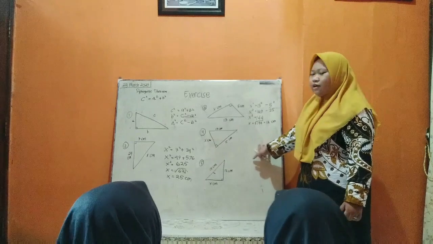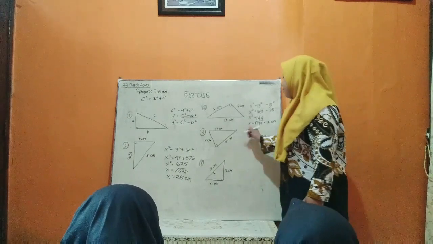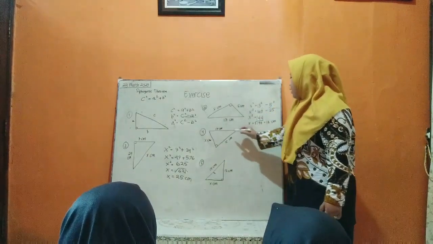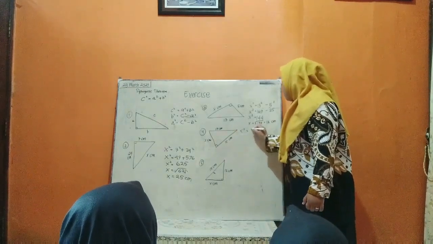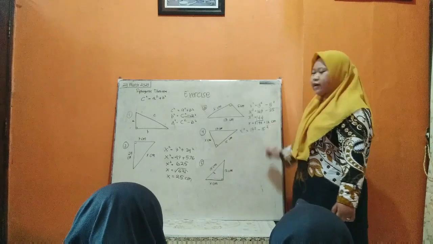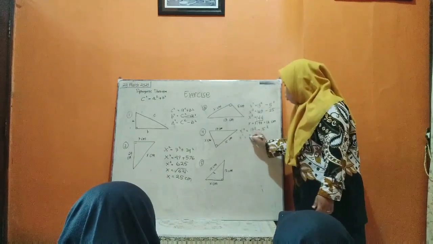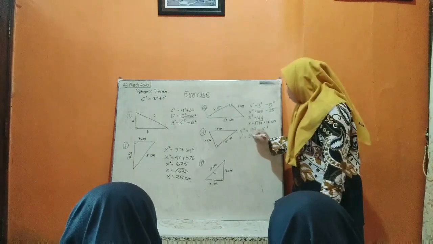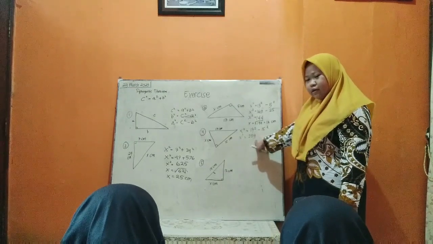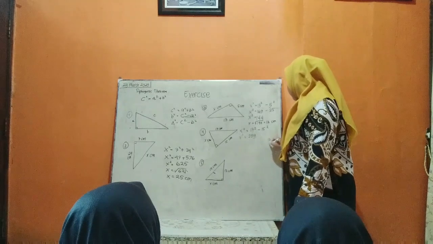The next, question number 4. Number 4 is determine the value of x. So x square, the hypotenuse, that means 70 square minus 15 square. So x square is 259. Correct?